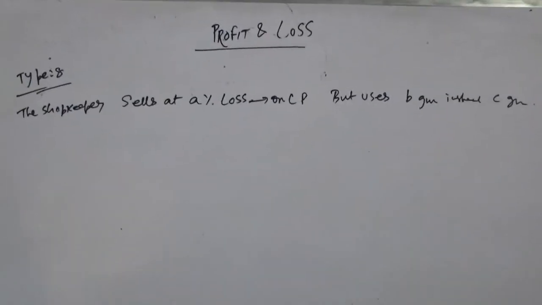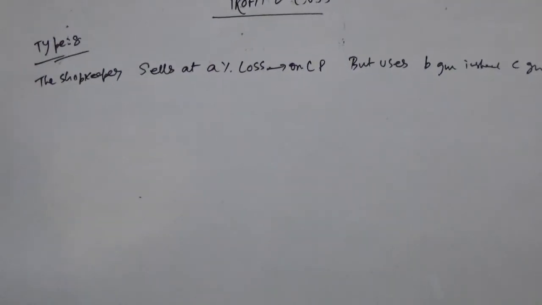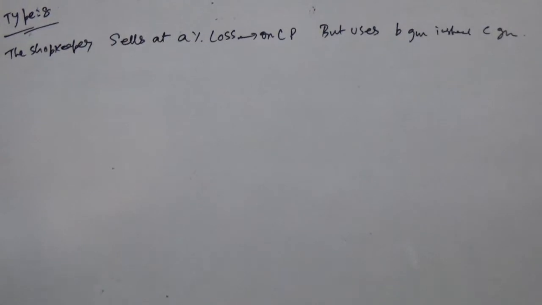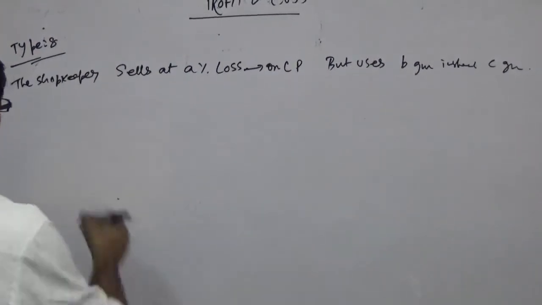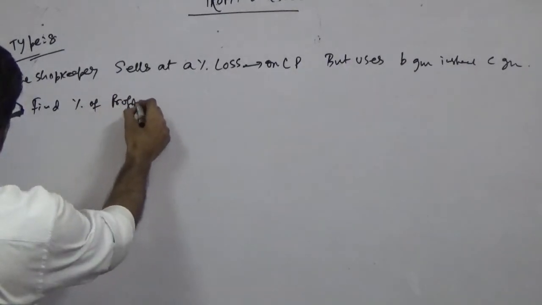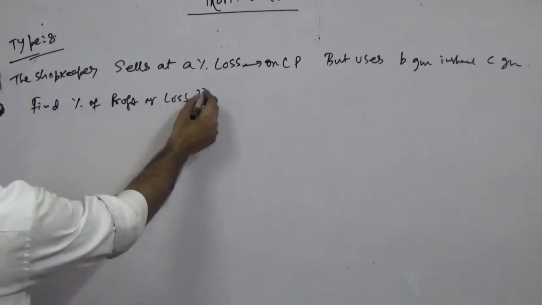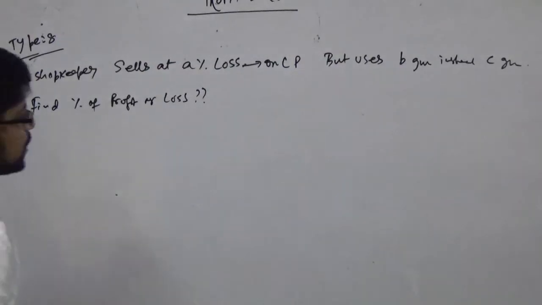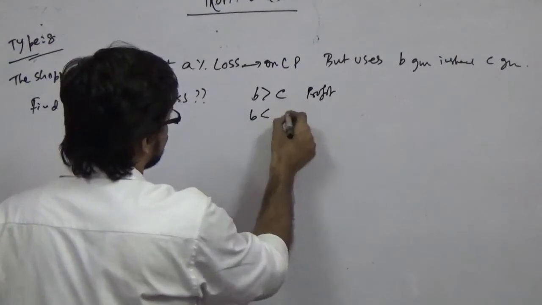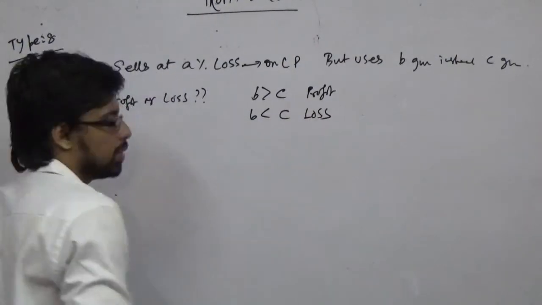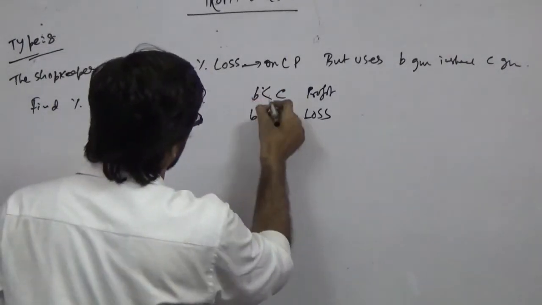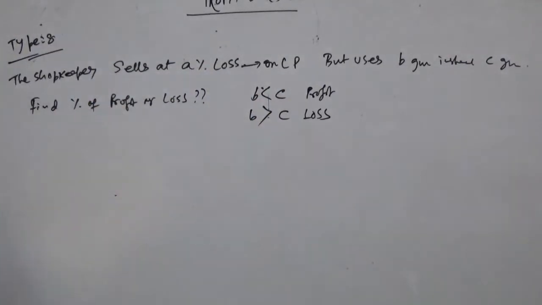Then find the percentage of profit or loss. So B is less than C, or B is greater than C. So this is the pattern.